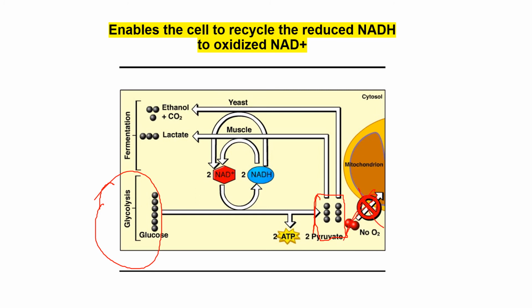However, when you don't have oxygen, you need to go through another path that is in the cytosol, that is the fermentation, and the key step here is that to be able to do fermentation, you need to oxidize the NAD plus again. So you need to go from reduced NADH to an oxidized NAD plus.